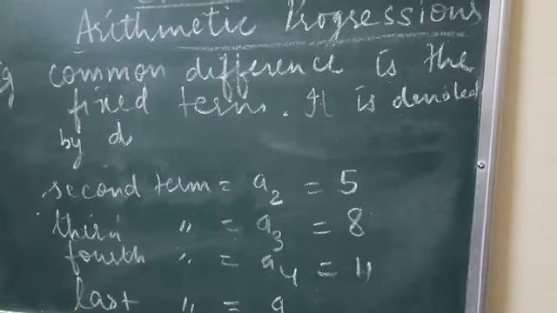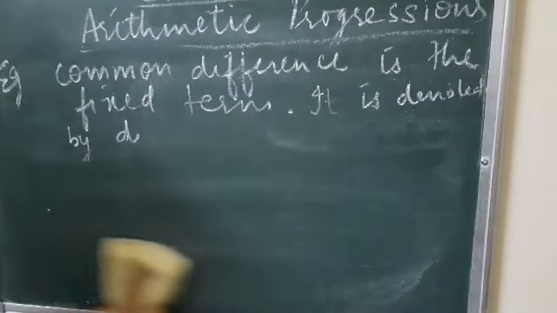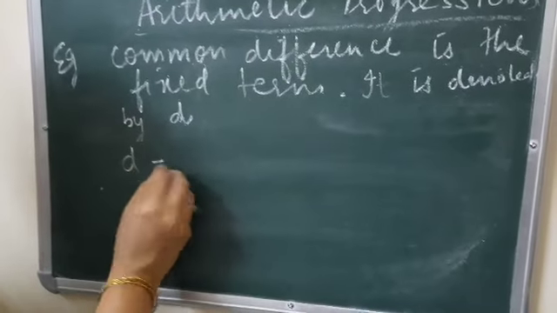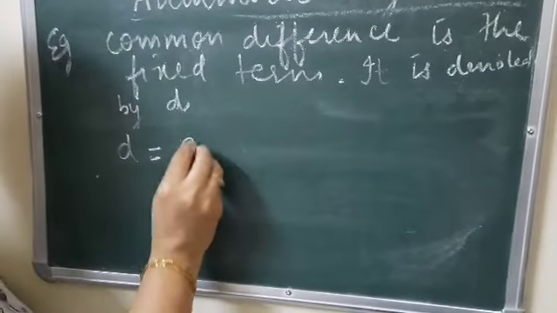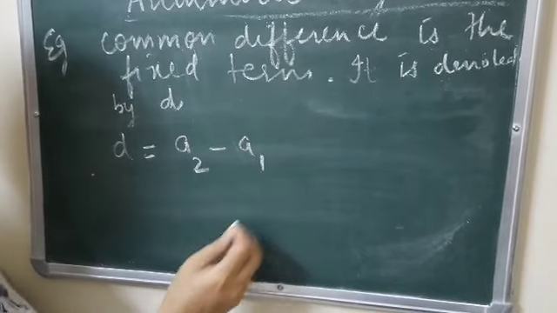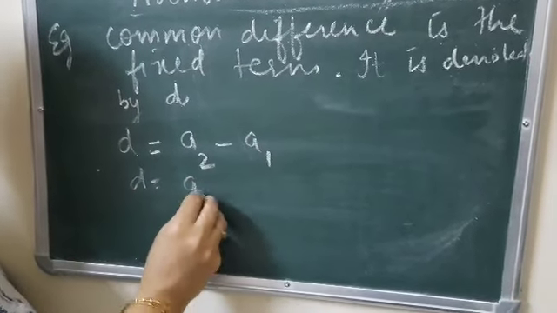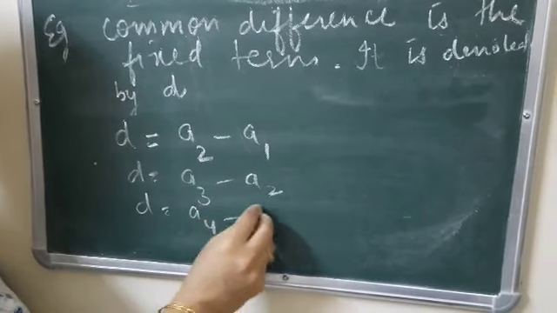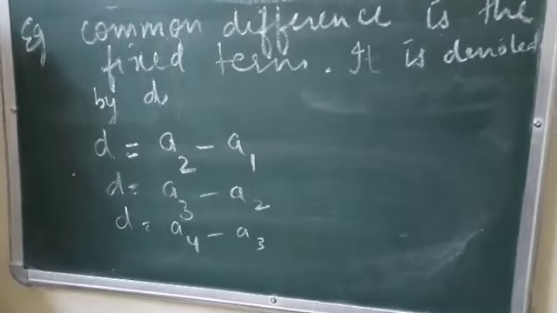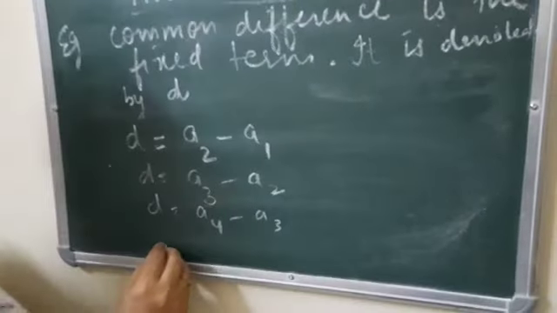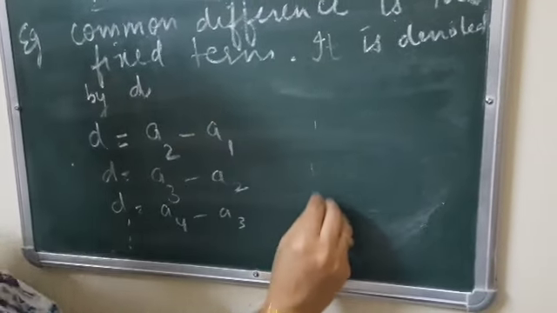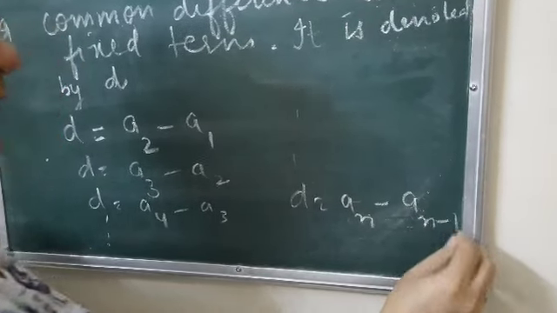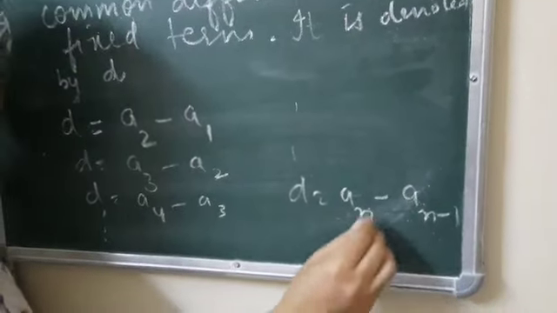Right? Now if you have to find small d in a question, what's the formula? I told you that it is the difference between two consecutive terms. So a2 minus a1. It can be a3 minus a2 also. It can be a4 minus a3 also. So for all, the common difference will be the same. Likewise, if I go on further, d will be equal to an minus a(n-1) also. What is an? an is the last term.